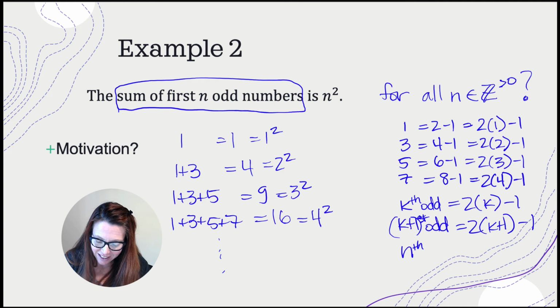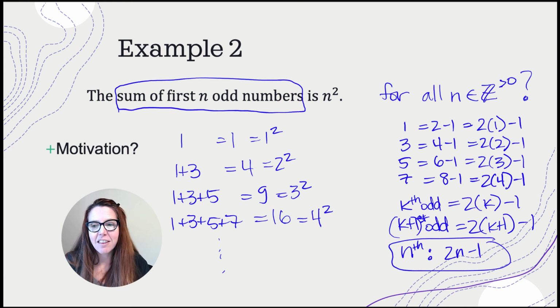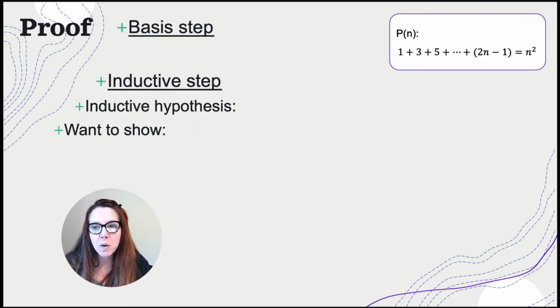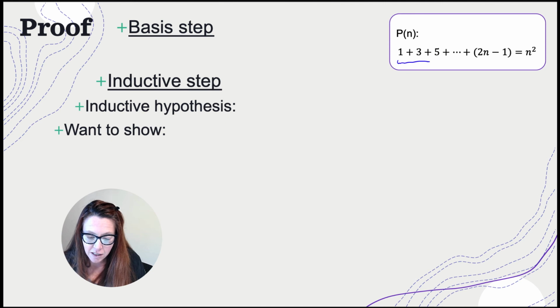So the nth is 2n minus 1. So making use of that then, this sets up what we want to prove in terms of P of n. So our predicate then says, I want all the odds, 1, 3, 5, all the way up to 2n minus 1. If I sum those together, I'm going to get n squared.